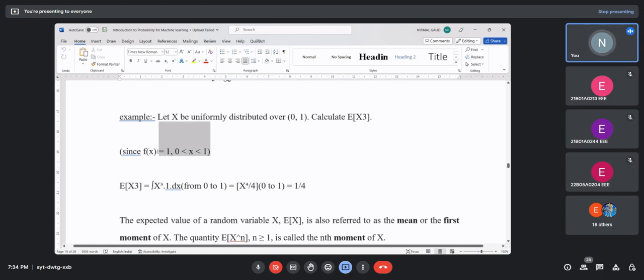It's already given to you that this function is defined between 0 and 1, so the result is 1. So g(x) is x cube and f(x) is 1. So g(x) into f(x) is x cube into 1, integration dx, which gives x to the power 4 upon 4. Putting the limits from 0 to 1, the result I get is 1 by 4. This is simple. The result here is 1 by 4.